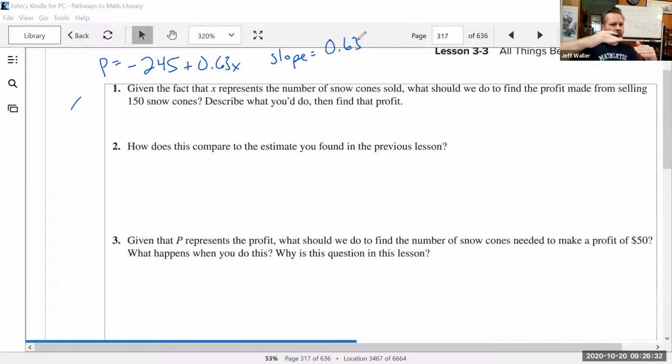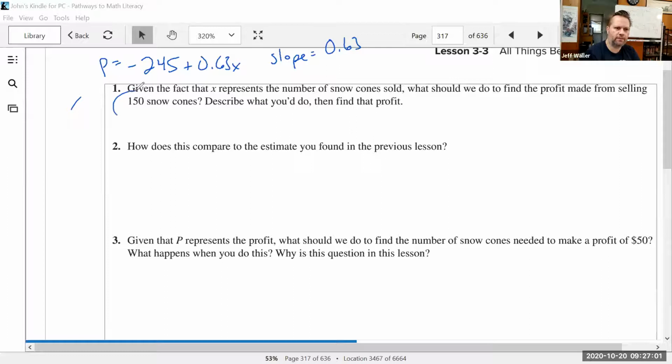And every time I sell another cone, there's another 63 cents of profit, but I'm starting with negative profit, right? So that's why it takes me a while to get to 389, and that's where I break even. So the slope is kind of rising up until I get to the break even point, and then I start making some actual positive profit. So everybody with me? So you can definitely have negative profit. Just ask any business, possibly right now.